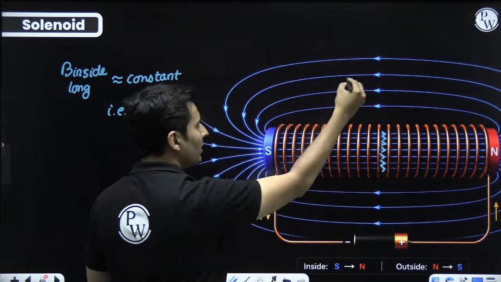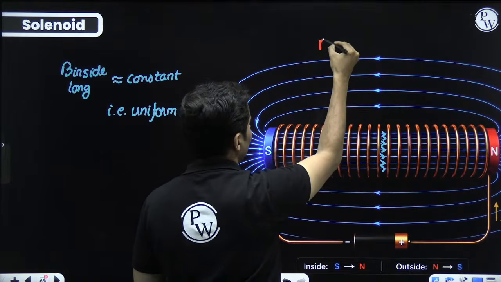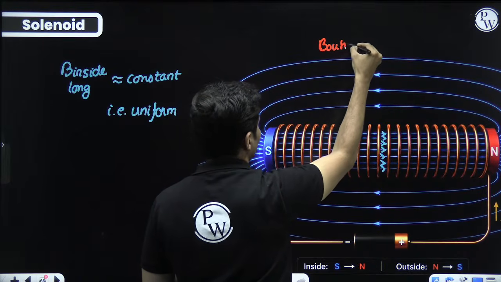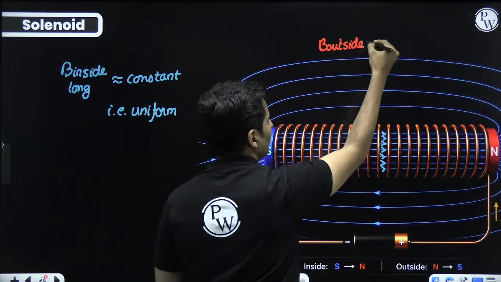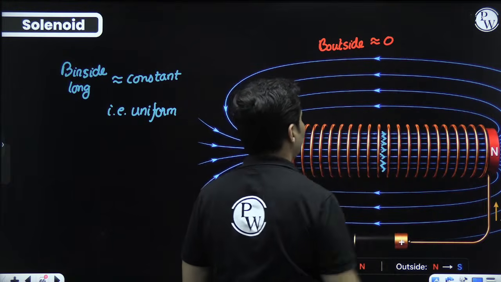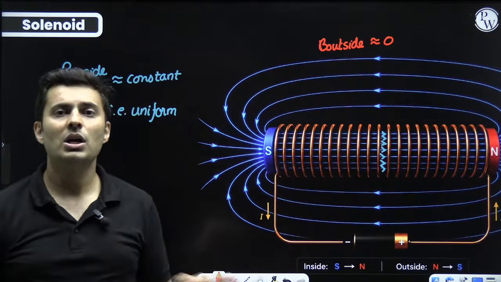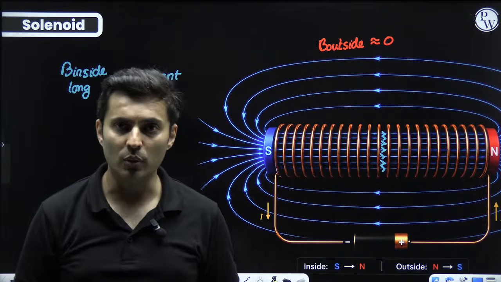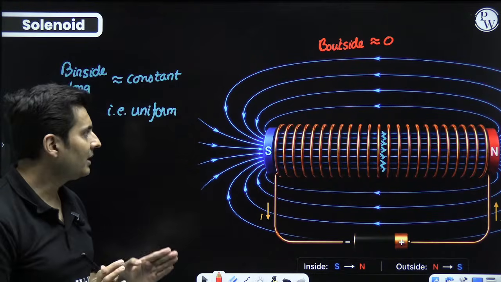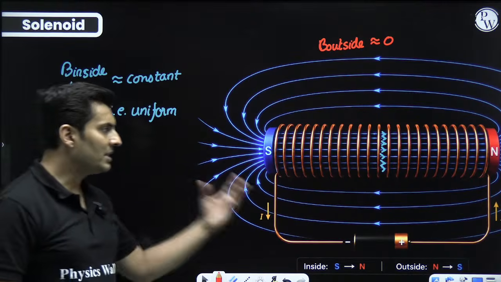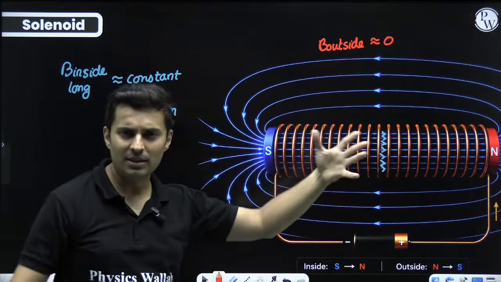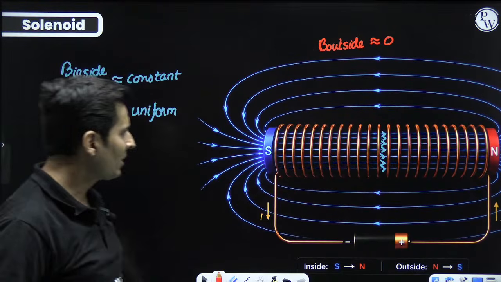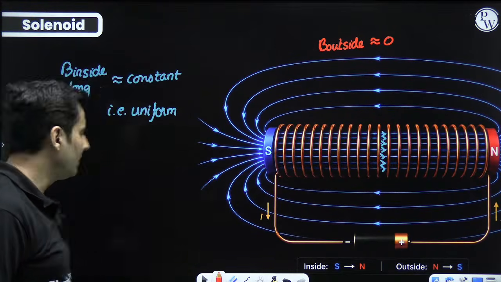Outside, if you go, the field lines are very far away, so far away that you hardly sense it. It is negligible, or basically zero. Cool? So that is something you should know. Inside it is roughly uniform, you can see parallel lines. Outside it is negligible, the field lines just go really far away. Very weak. And inside again it comes back.